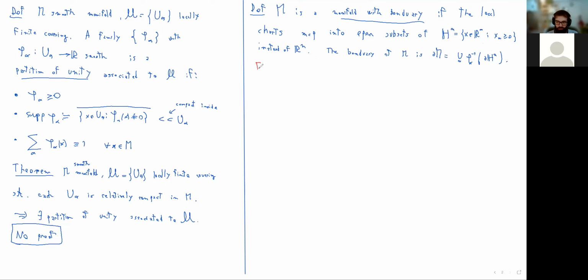I just wanted to recall it. But if you do not remember it, or if you've never seen it, you can prove that this is in fact a manifold of dimension one less, so dimension n minus 1. And also, if M is orientable, so is the boundary of M. Okay, and M orientable for a manifold with boundary actually means that the interior of M, so M minus its boundary, which is a manifold, is orientable.